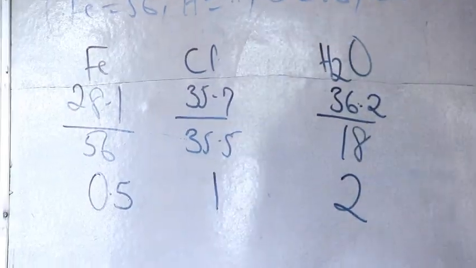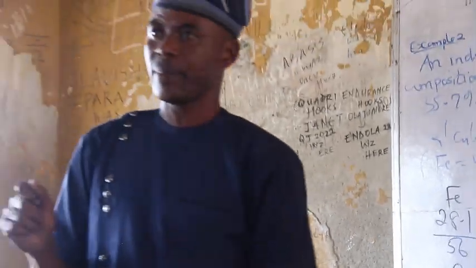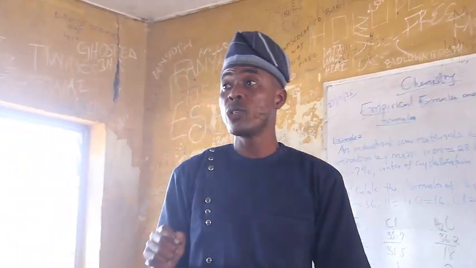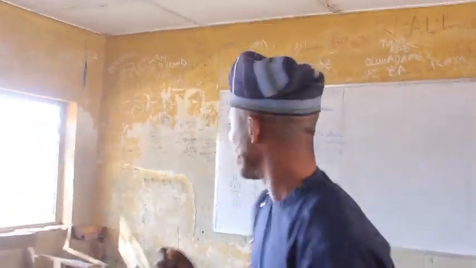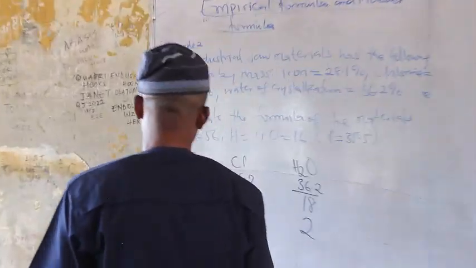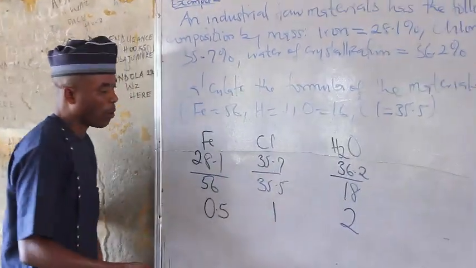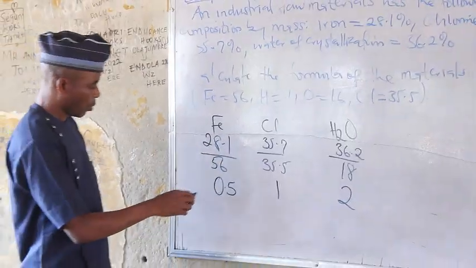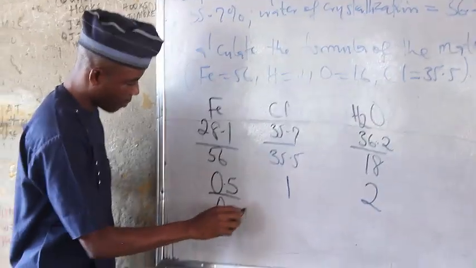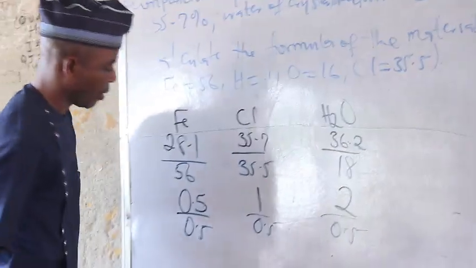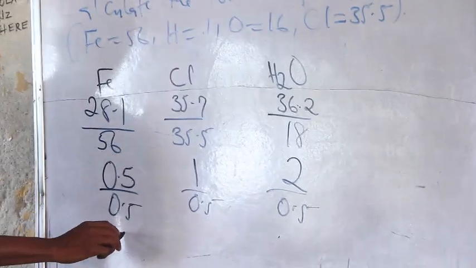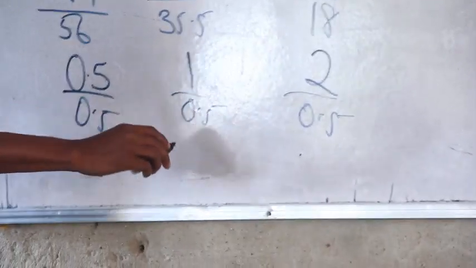Now, when you are finding the empirical formula, or anything that has to do with ratio, you don't just approximate. Okay, let us divide by the smallest number here, which is what? 0.5. So let us divide by 0.5. Divide by 0.5. Divide by 0.5. What you have here is what? 1. What you have here is what? 2.